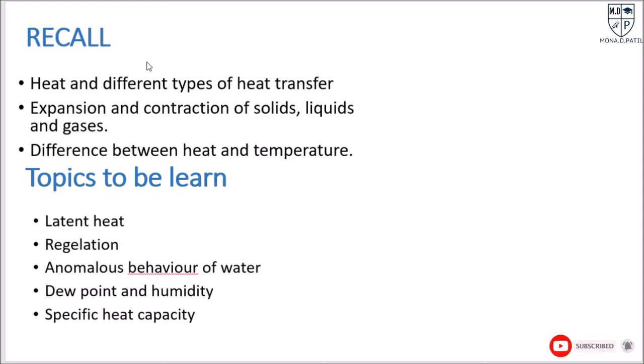Then next is convection. Convection takes place in air. Suppose there is a bonfire and we are sitting around it, so there is air between the bonfire and us, and the heat is conveyed through the air. So these are the three types of heat transfer.